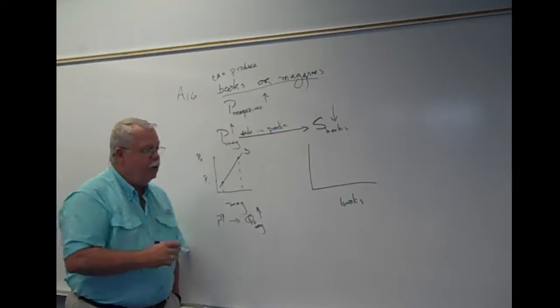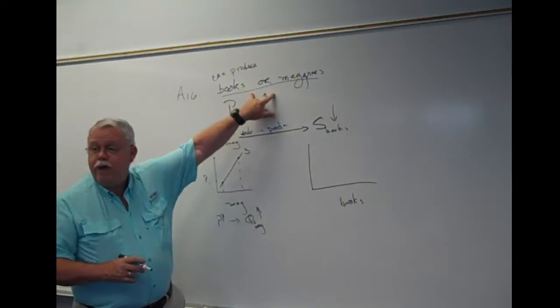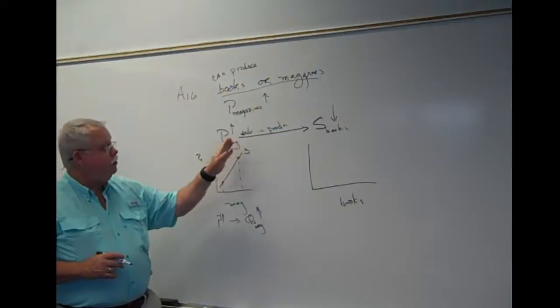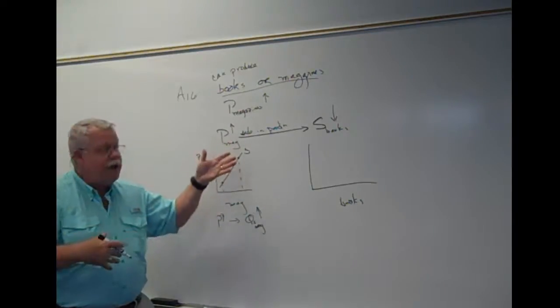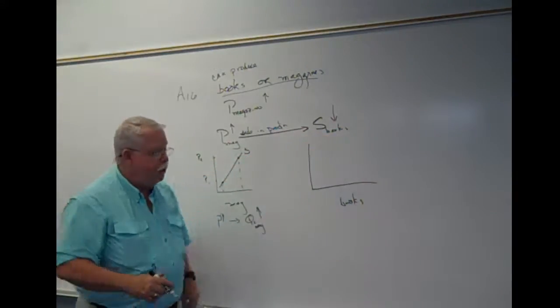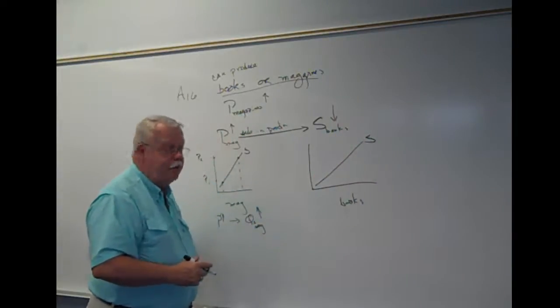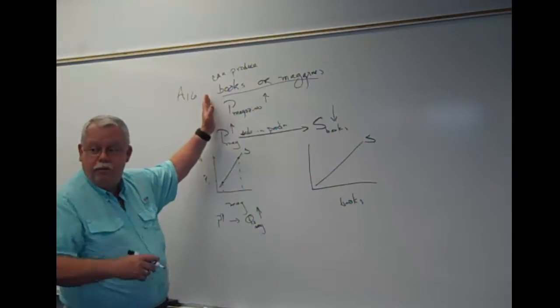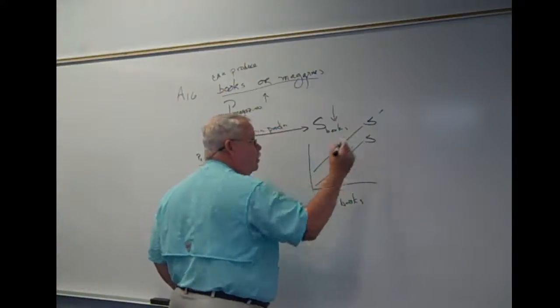But what happened to books? All the publishers that have this choice to make see magazines as more profitable now. They shift their resources into the production of magazines, and everybody's producing fewer books. And so that's going to mean that the supply of books, because the price of something else as a substitute increased, the supply of books is going to decrease.